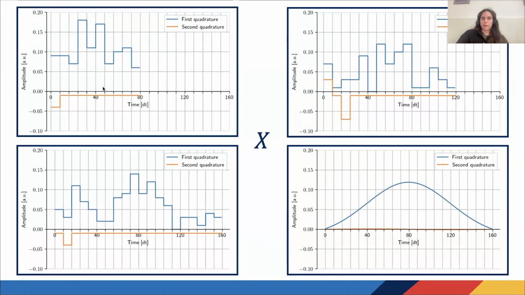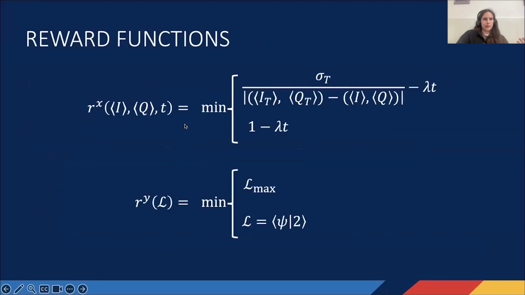Another one is just the reward function. I think I put it in the appendix here, which maybe won't mean much, but essentially, remember I was showing those plots with the I component and the Q component.